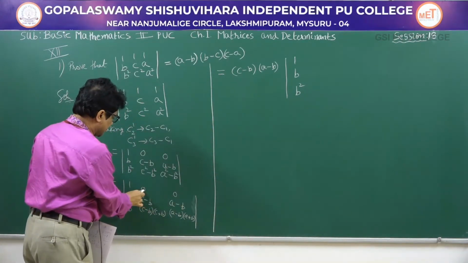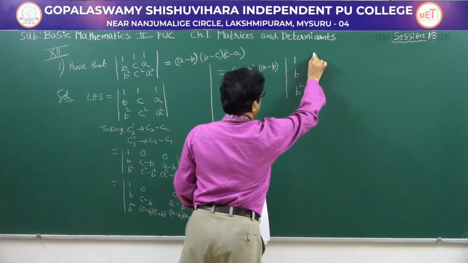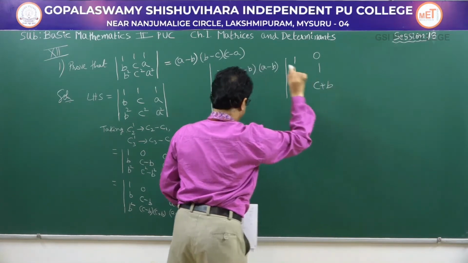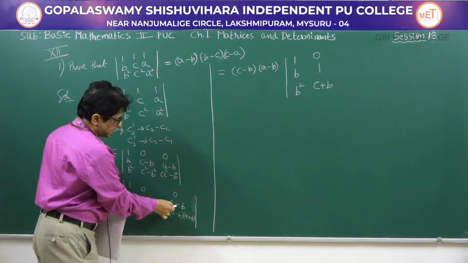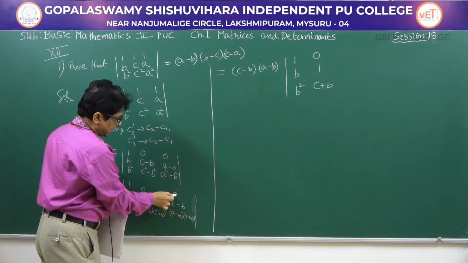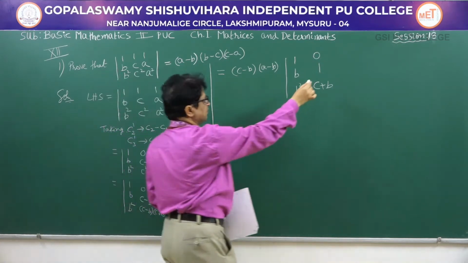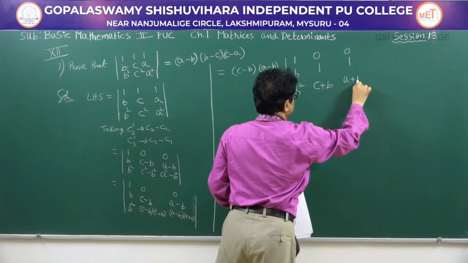So, we have to write 0, 1, C plus B. In the third column we have already taken A minus B common. So, we have to write 0, 1, A plus B.